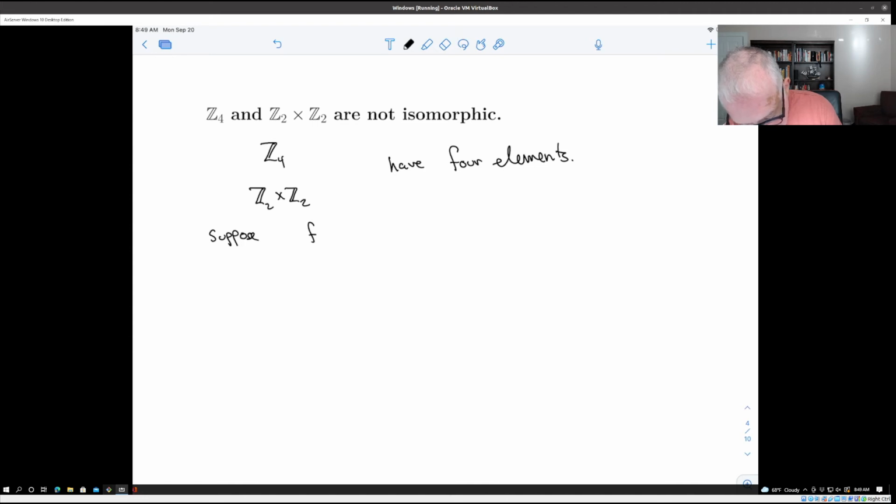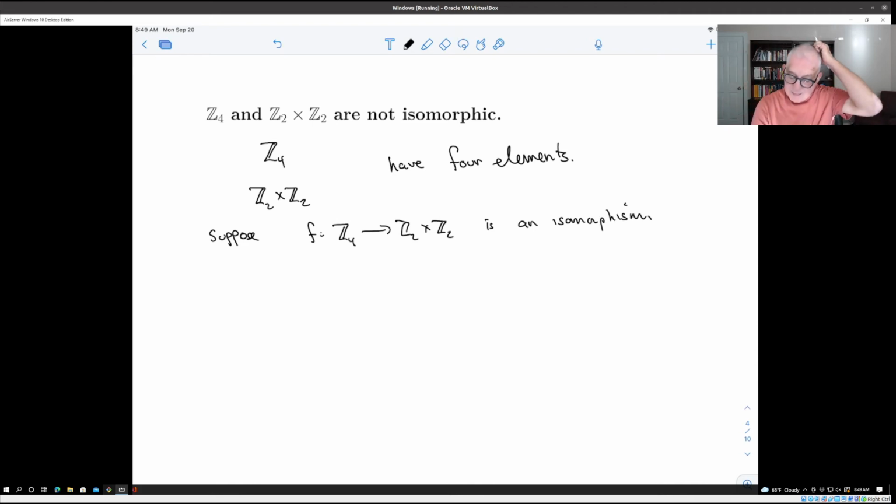that f from Z4 to Z2 cross Z2 is an isomorphism. And let's think about the difference between these two groups. So the difference to me is every element in Z2 cross Z2 has order 2. So it has 4 elements. The 4 elements of this group are (0,0), (1,0), (0,1), and (1,1).